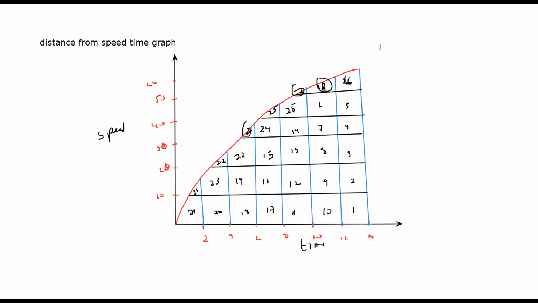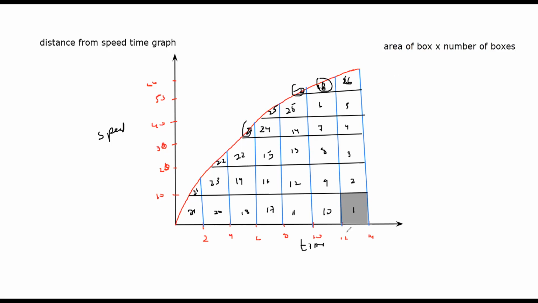So the total area is equal to the area of one box multiplied by the number of boxes. What is the area of one box? It is length times width.